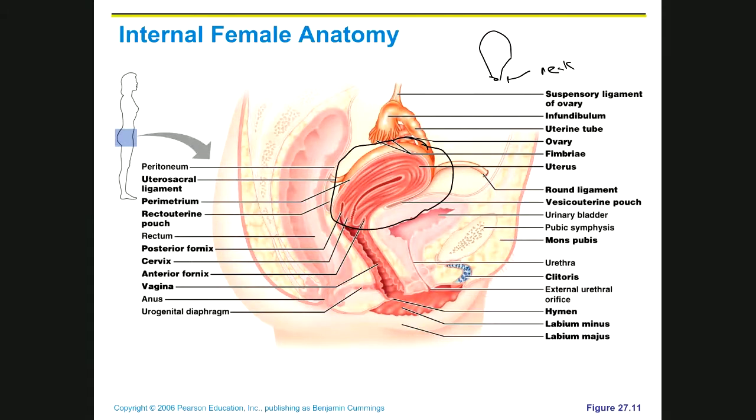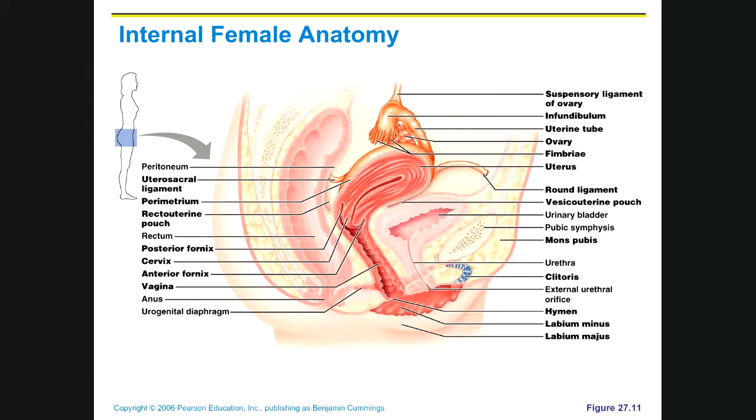So this area right here, this neck, is called the cervix. And then we have the vagina, and here's the vagina. Remember, the word vagina just means pouch. It's sort of just a pouch there to receive the penis, because remember, humans have internal fertilization.